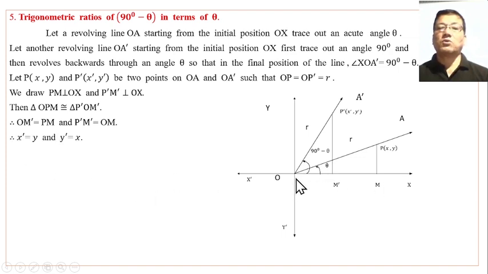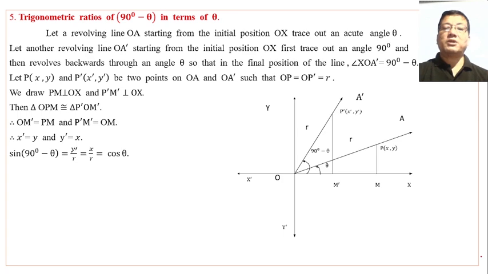Therefore x dash equals OM dash, which equals PM, which is y, and y dash equals x. So the sine of 90 minus theta is important.